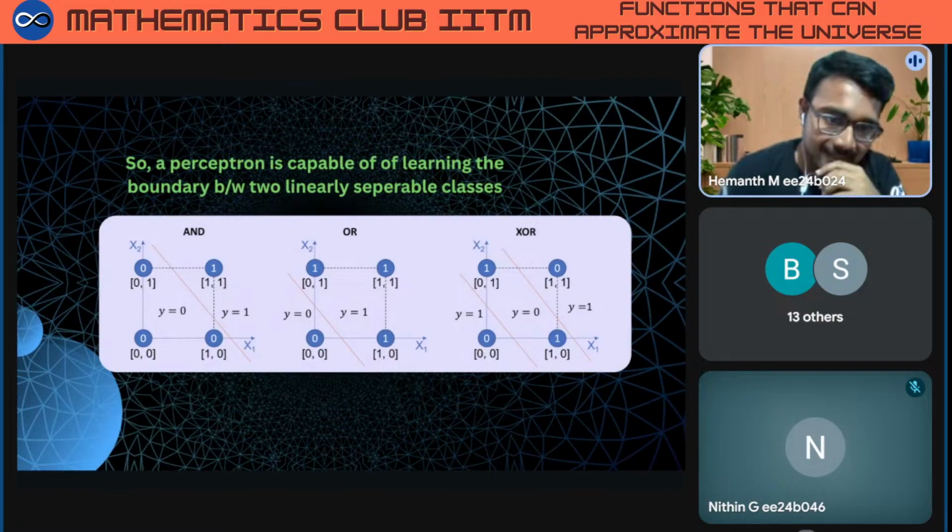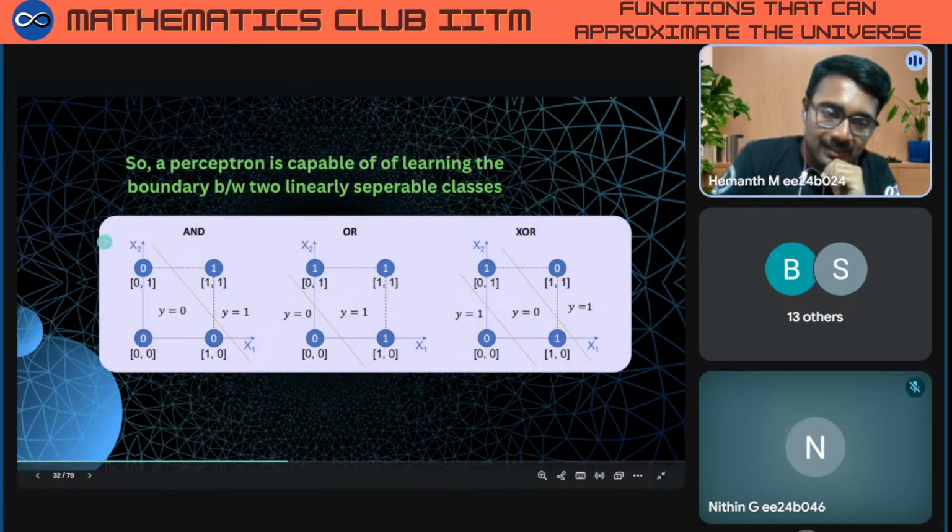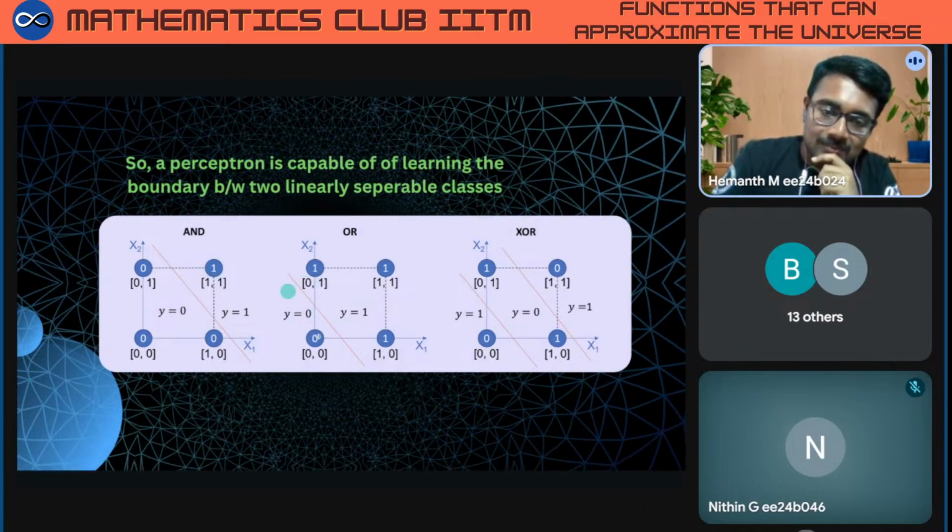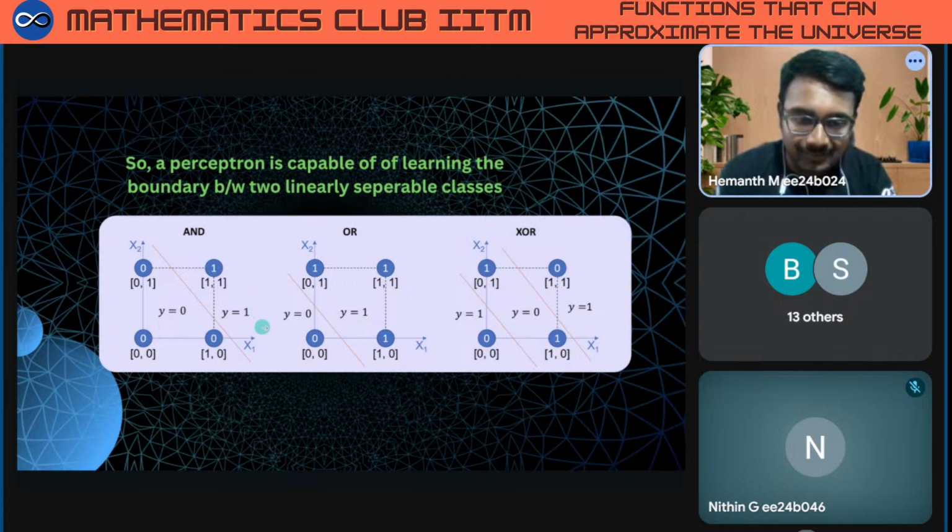As you can see, for the AND gate, all the zeros and the ones can be separated using just a single straight line, which separates the 0 class from the 1 class. Similarly, in the case of the OR gate as well, one straight line is capable of separating the zeros from the ones. So basically, we require just one straight line for modeling the AND and OR gates. This was the same case even with the inverter, because there you had just one input and you had to separate zeros from ones.